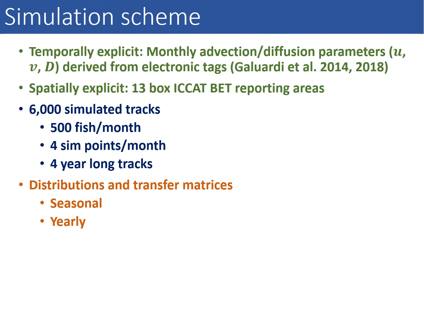So we came up with monthly advection and diffusion parameters for every month and also for every one of these Bigeye reporting areas. We did 6,000 simulated tracks, releasing 500 fish in each month, 4 simulation points per month, and 4-year-long simulated tracks. From there, we got both seasonal and yearly distributions and transfer matrices.